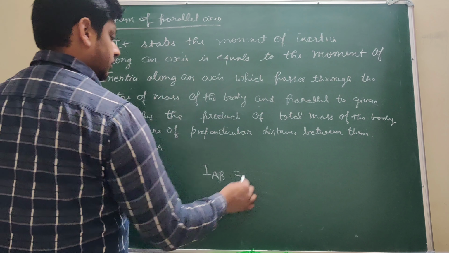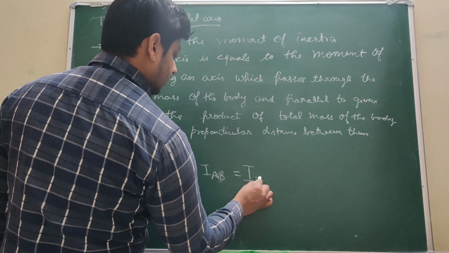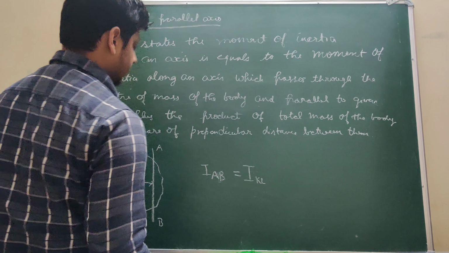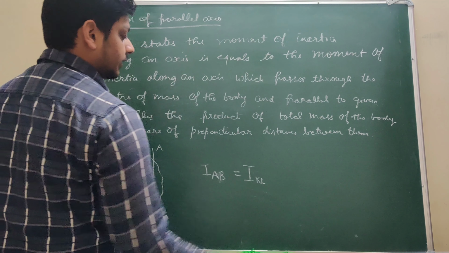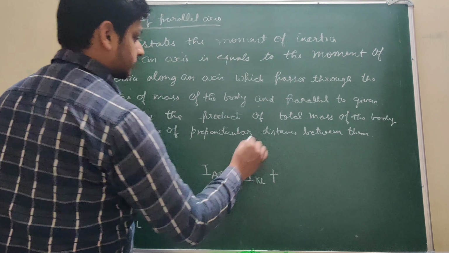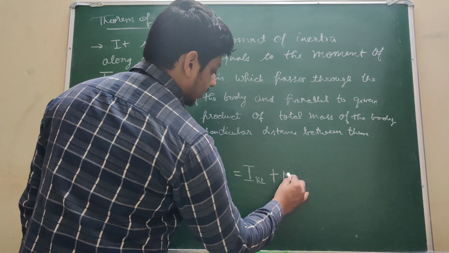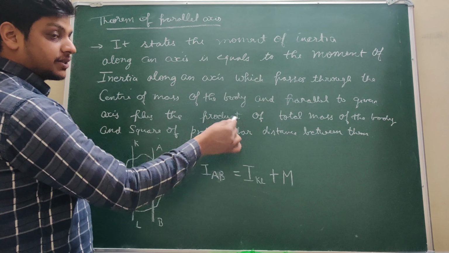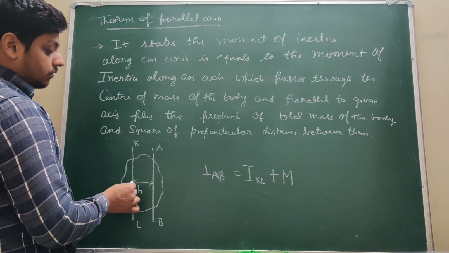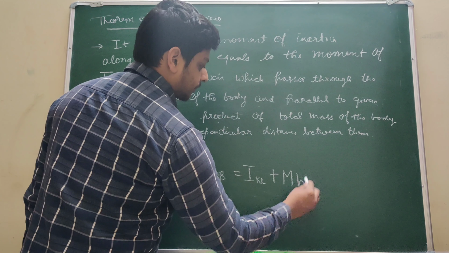So IKL is the moment of inertia about the axis which is parallel and passing through the center of mass, plus the product of the total mass of the body and the square of the perpendicular distance between them. The perpendicular distance is h, and its square.